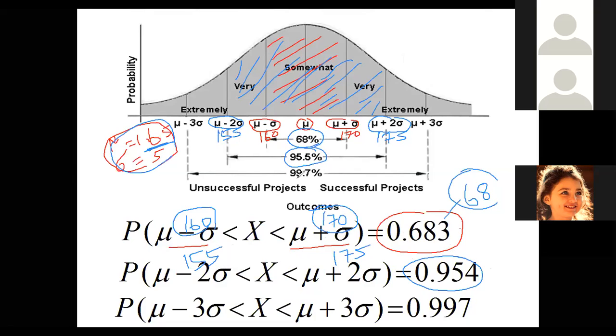The third one, the probability between mu minus 3 sigma and mu plus 3 sigma, is 99.7%, or 0.997. You should remember this concept. I said initially you don't need to remember the formula of the normal distribution.